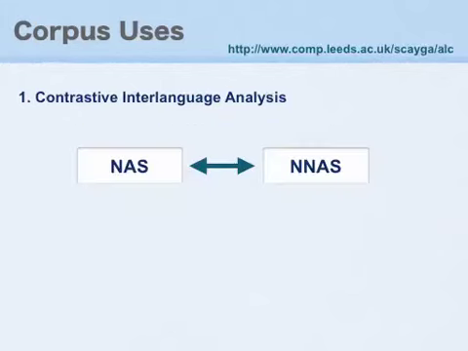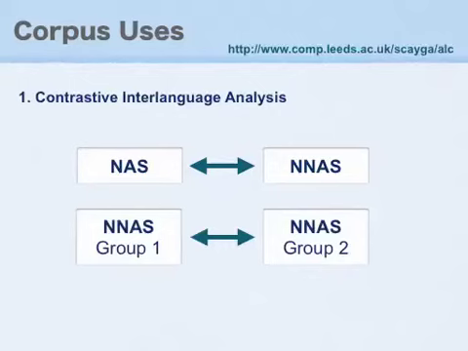As we may know, this type of analysis usually compares two groups of learners' production based on some features like nativeness. Also, two subgroups of non-native learners based on their first languages can be compared. The metadata of the Arabic Learner Corpus provide users with a range of features for contrastive interlanguage analysis.